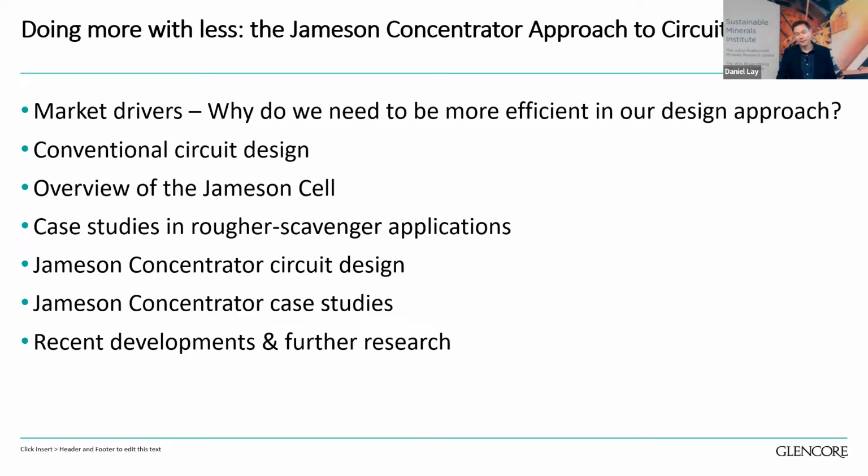I'll go through a few case studies in rougher scavenger applications and show how this is unlocking some of the potential for full concentrator circuits. I'll then go through our methodology with Jameson concentrator circuit design, as well as some case studies where we've applied this. And then I'll finish off with some recent developments and further research.